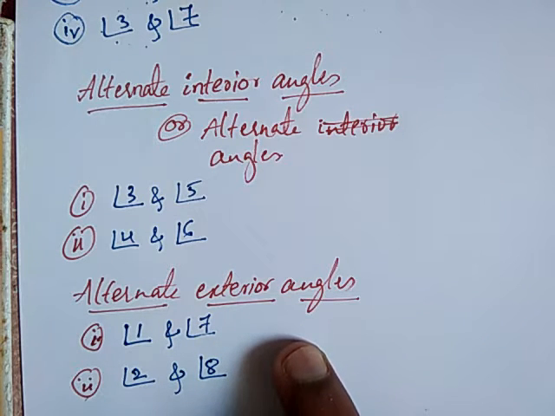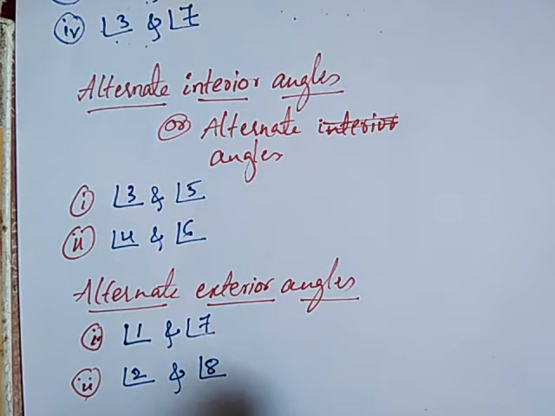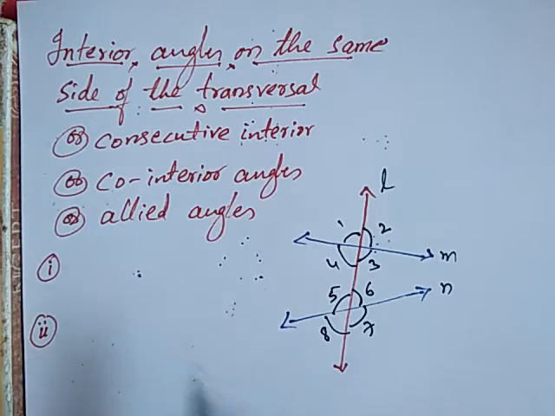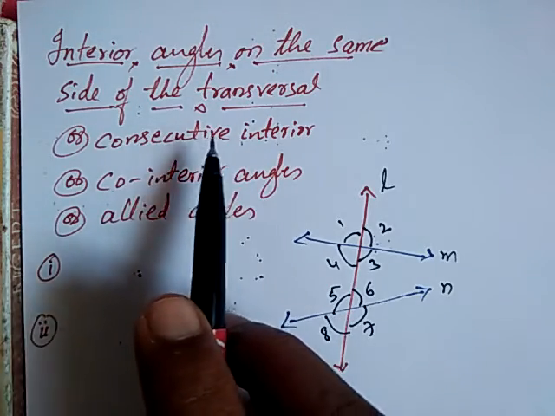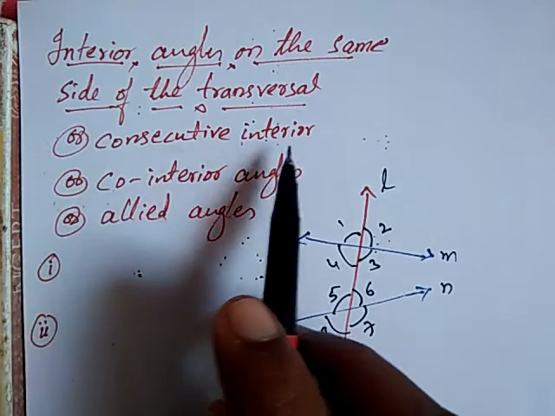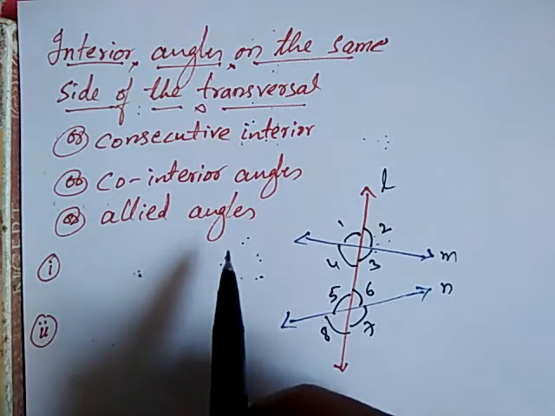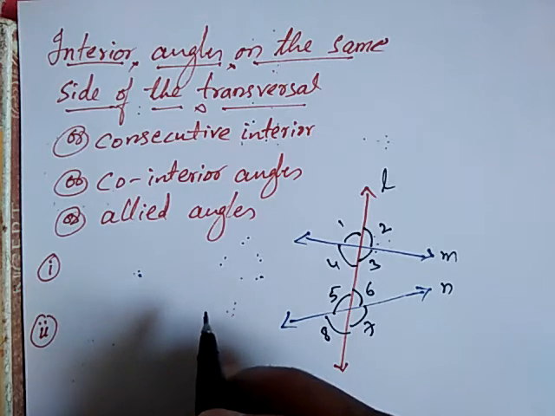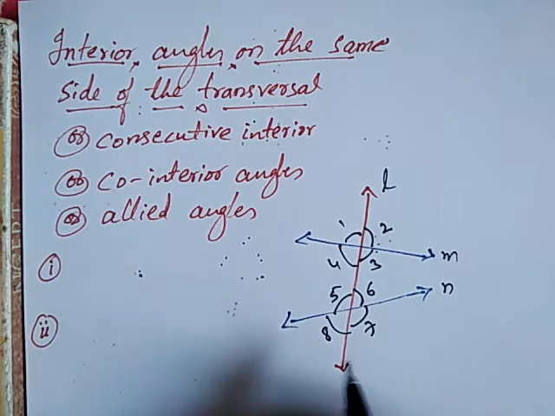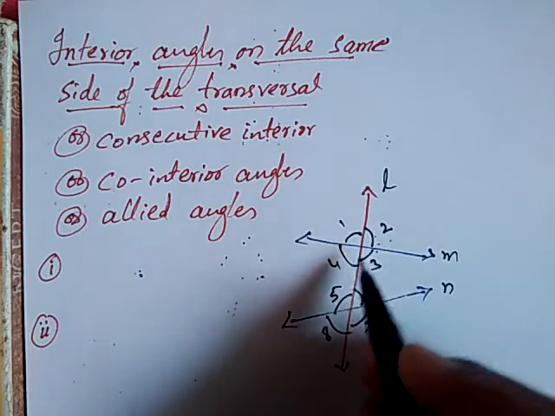In the same way we will find interior angles on the same side of the transversal. These are also called consecutive interior angles, co-interior angles, or allied angles. For this one again two pairs of angles will be there. Same side of the transversal means either left or right.